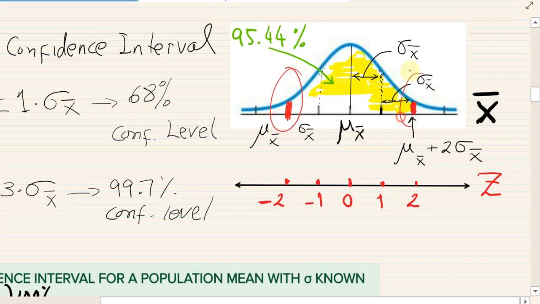That's the interval. And that 95.44 is 2 standard deviations again. Now, usually we don't want 95.44, but again, I'm just showing you this.